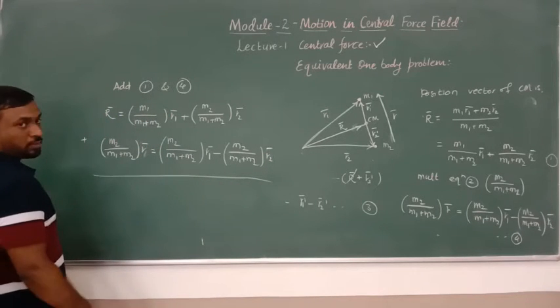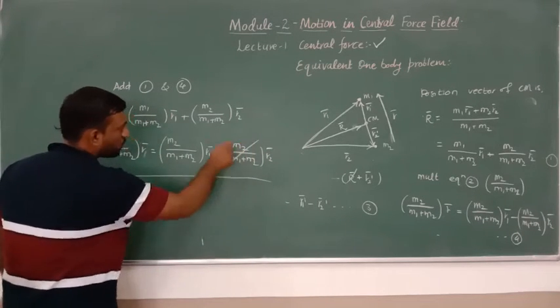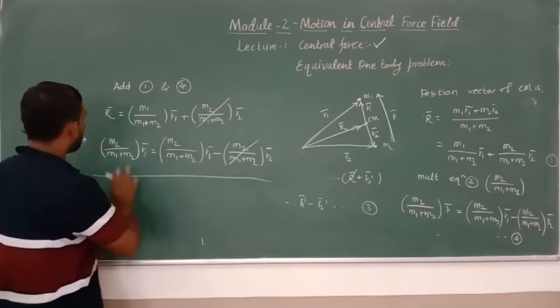So look at these values. Which value is supposed to be cancelled out? So these two terms are fully cancelled out. So what are the remaining terms?